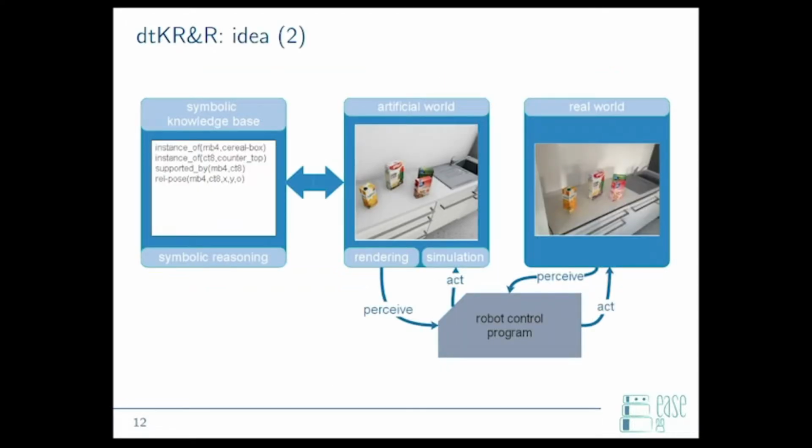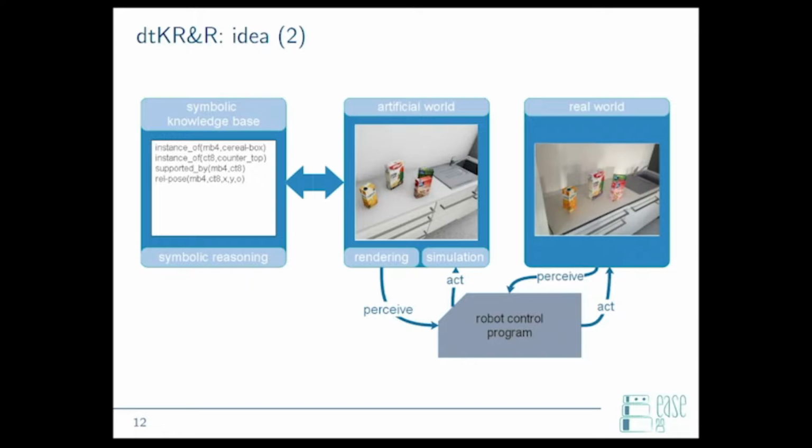So then, if we have the knowledge base represented as an artificial world, we can look at robot control programs and execute them in the artificial world, and we can execute them in the real world.